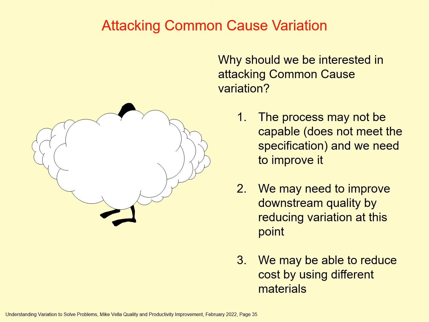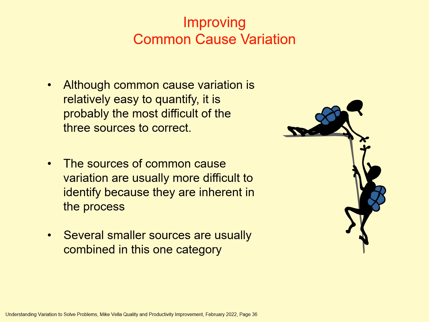So some really good reasons for attacking common cause. While common cause variation is relatively easy to quantify, it's probably the most difficult of the three sources to correct. The sources of common cause variation are usually more difficult to identify because they're inherent in the process.